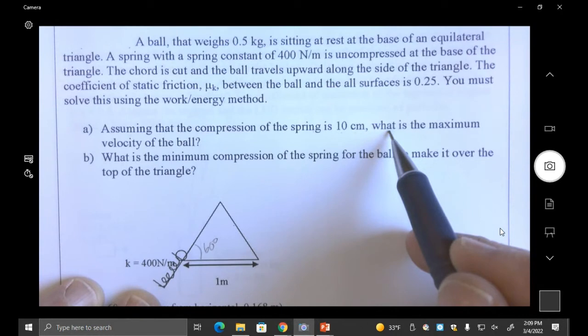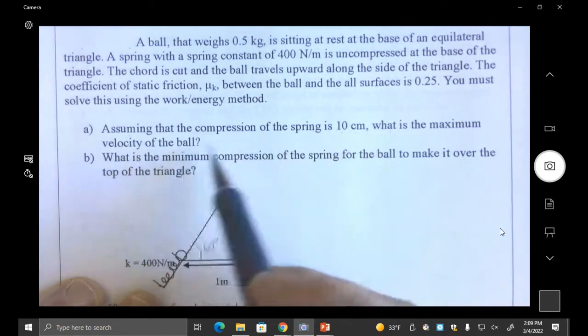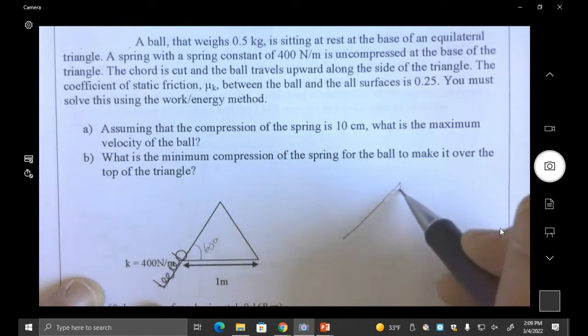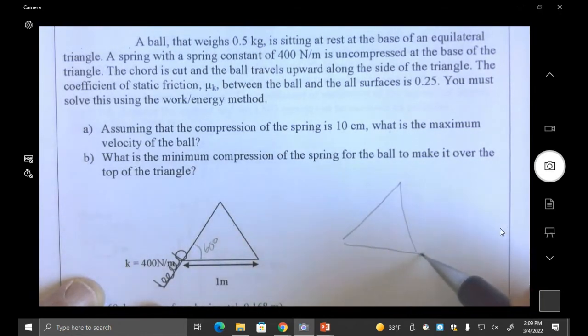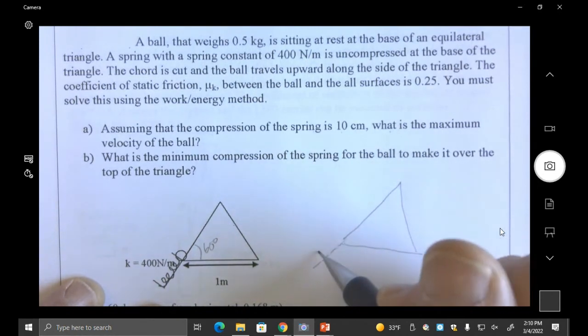When I get to that, we have spring potential. We're good right there. Work is caused by friction. What is the maximum velocity of the ball? Okay, so I'm trying to read what the action is here. Let me try to redraw what the actual situation is. Let's exaggerate a little bit here.